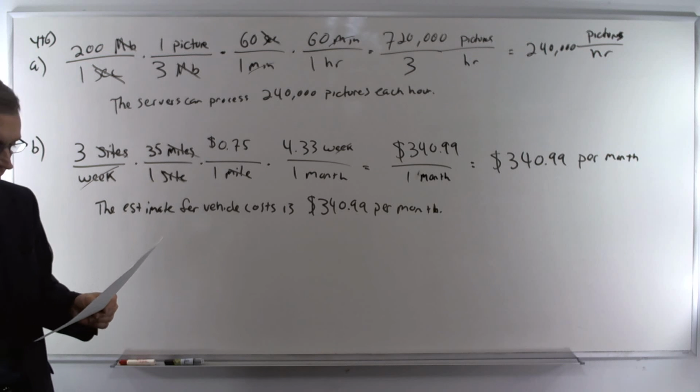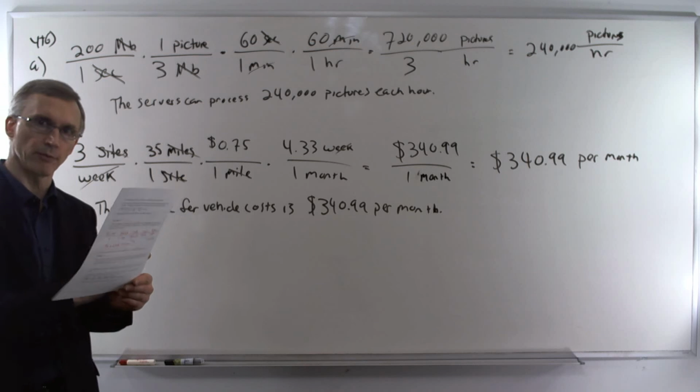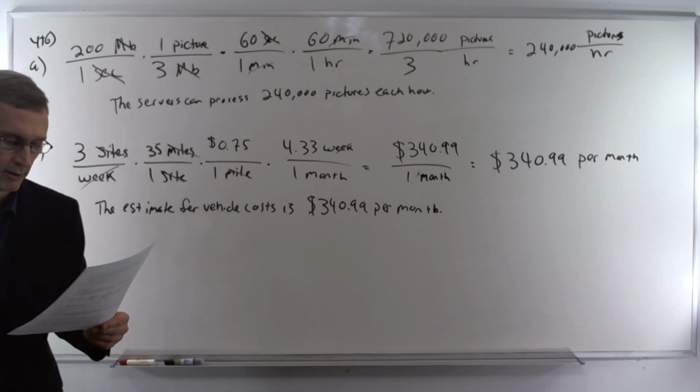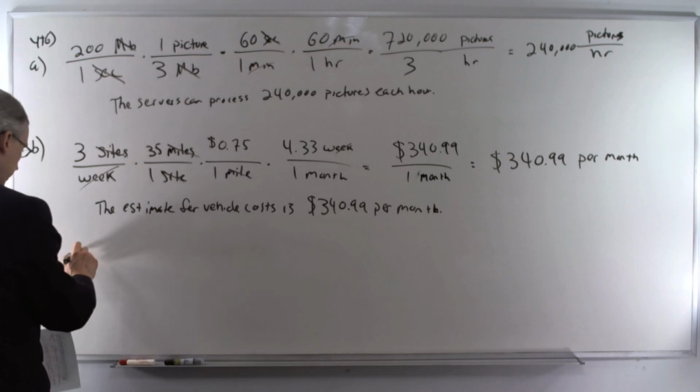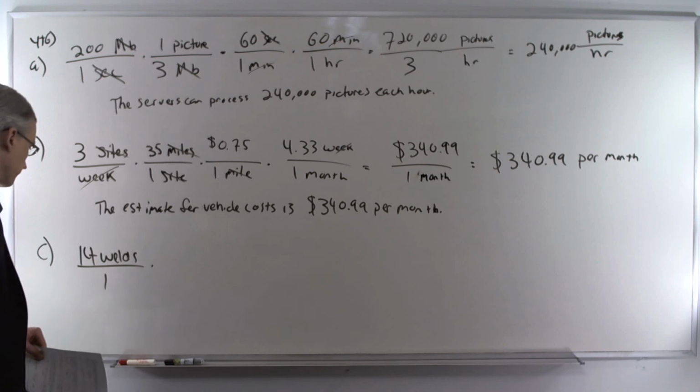All right, so what we're trying to convert here is the number of welds into the number of rods. We're doing a certain number of welds, we don't know how many rods we need. So, starting with 14 welds, assuming they're all the same size.